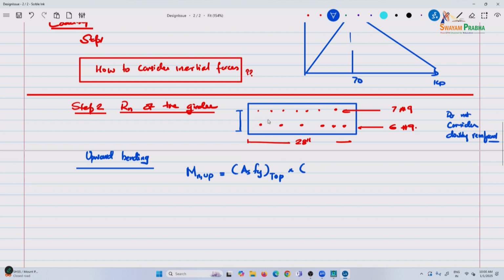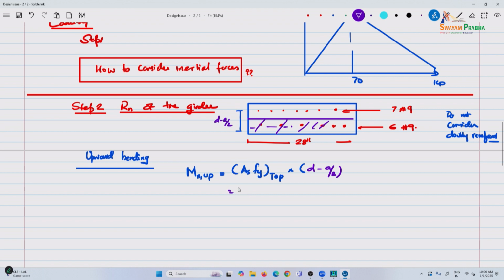Now we consider that you will have the a/2 right here, so this is d minus a/2, assuming at the center. Whatever procedure you use, consider only the top steel.